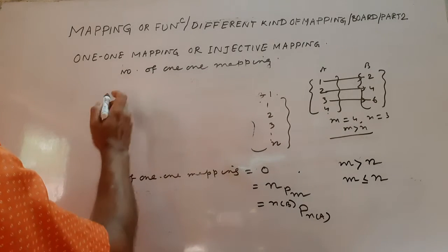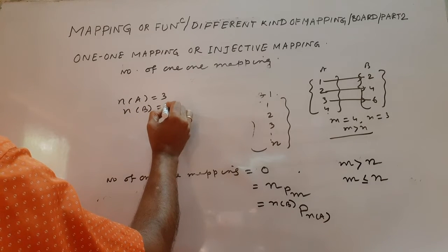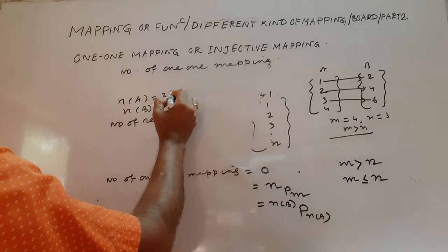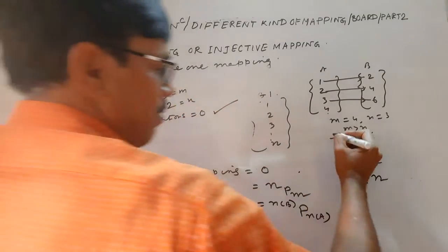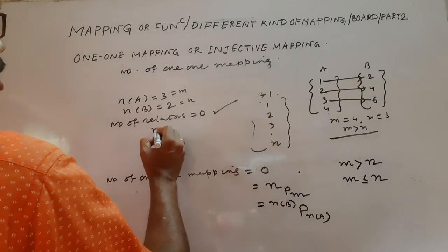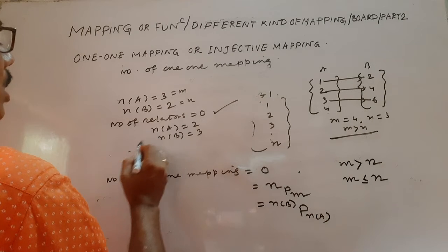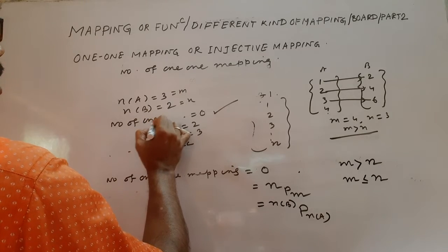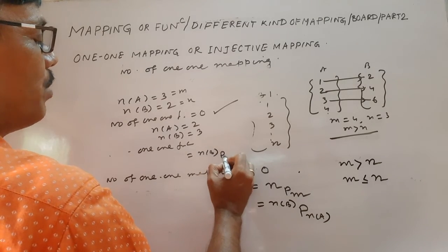So suppose nA equals 3, nB equals 2. So the number of relations, so this is m, this is n, equals obviously 0. So m greater than n, so no 1-1 function. But if nA equals 2, nB equals 3, the number of 1-1 functions is nB permutation nA.